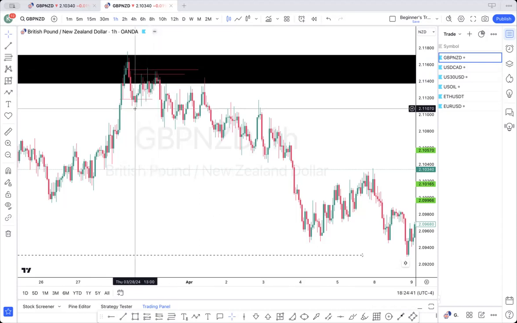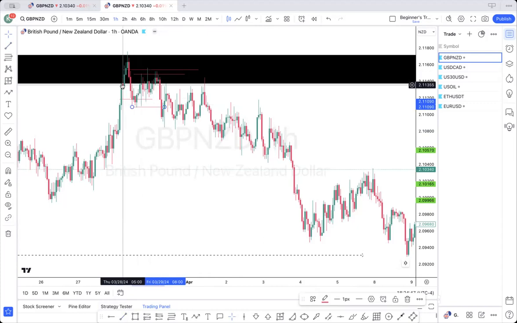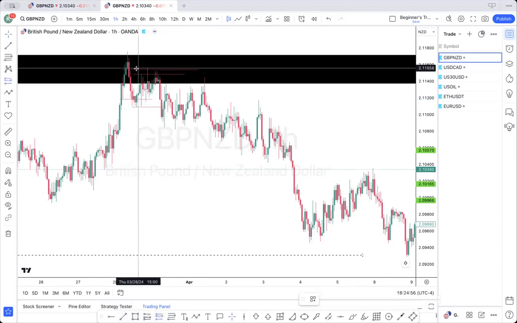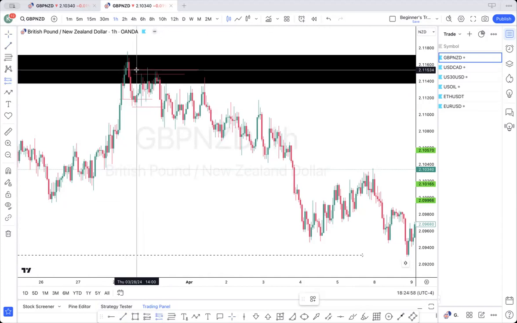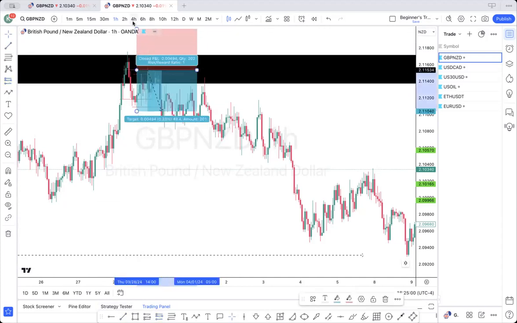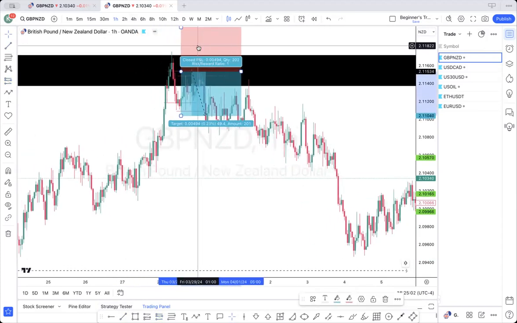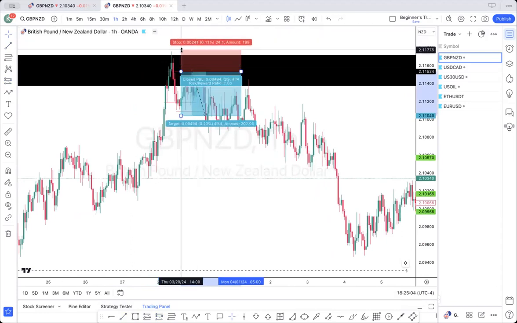Now you can either wait for it to break the zone again, or you can go ahead and set your limit. Once it broke here, you had the order block, imbalance, and order block right there. That could have been your first entry, right? And then you put your stop above this high.